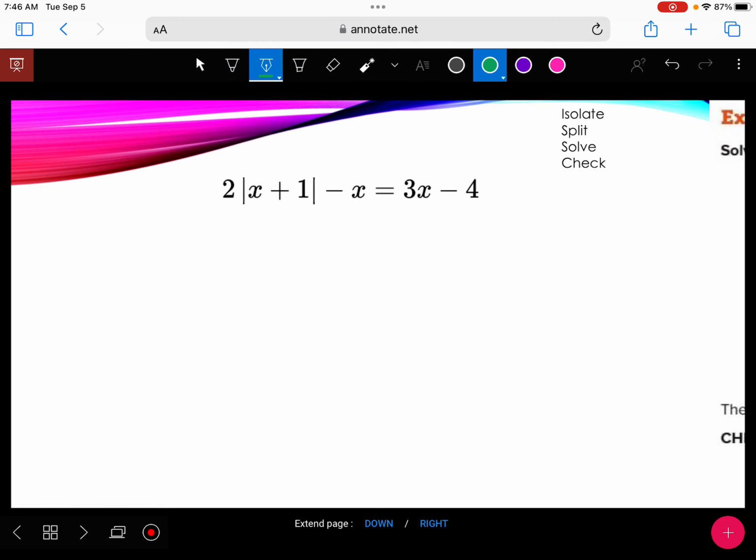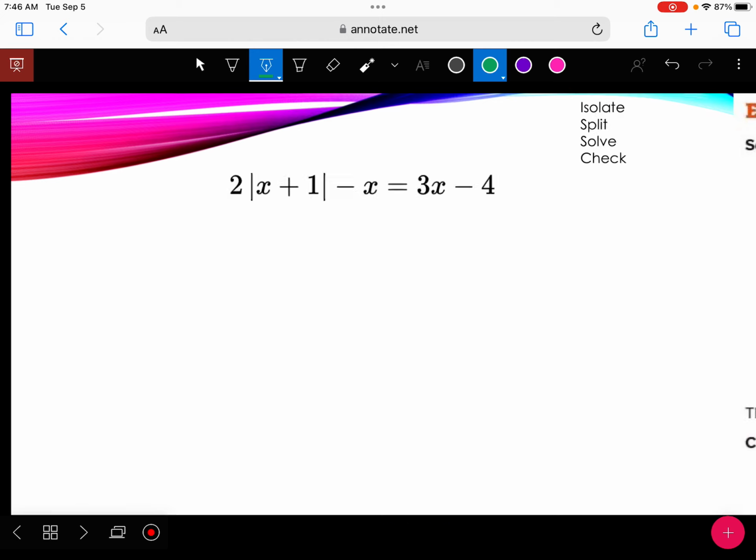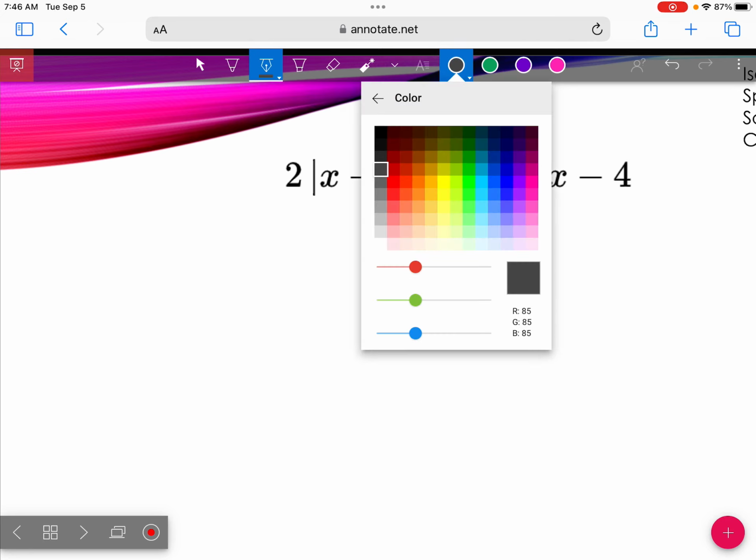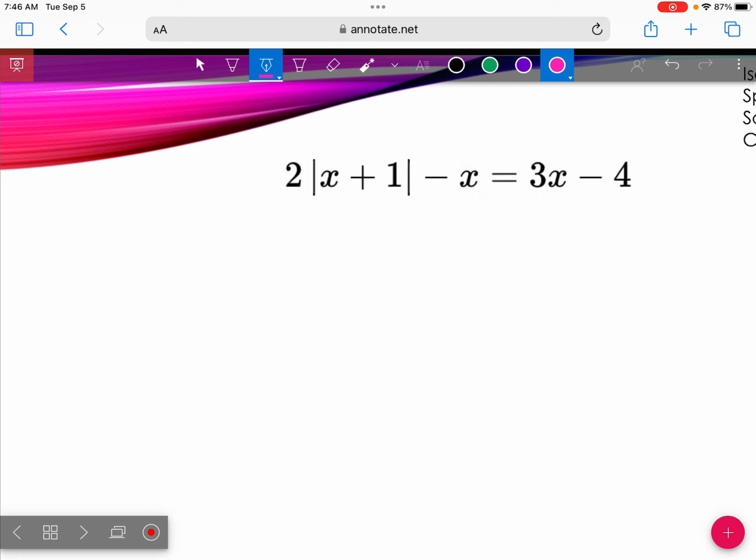Okay. We're going to do another one very much like it. This is the last of the really long ones. Our steps are still the same. We're going to isolate the absolute value. Get that guy by himself first.